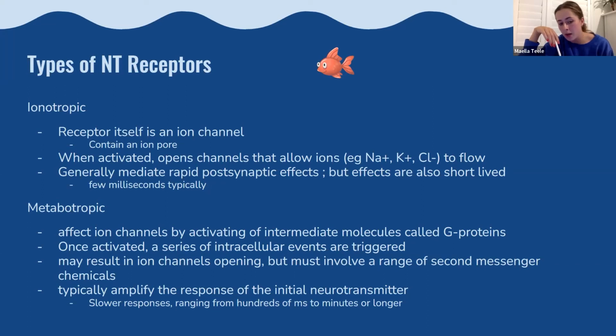This may result in ion channels opening, but there are also second messenger chemicals like the G proteins, which have to act before the ion channels open. So generally these are much, much slower responses, hundreds of milliseconds, even minutes, but they amplify the response of the initial neurotransmitter. So they're often found on effector organs rather than just passing the action potential down the chain of neurons.